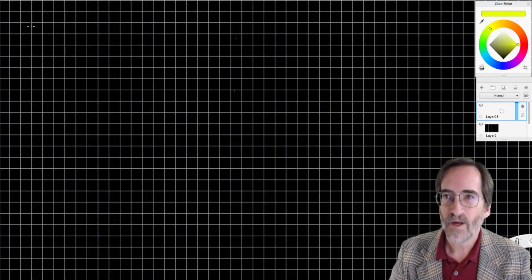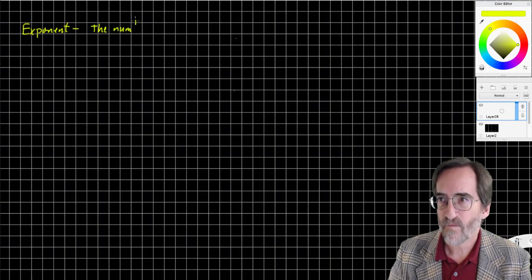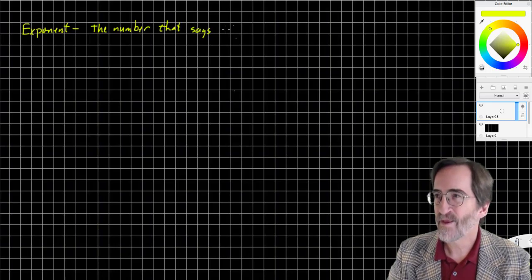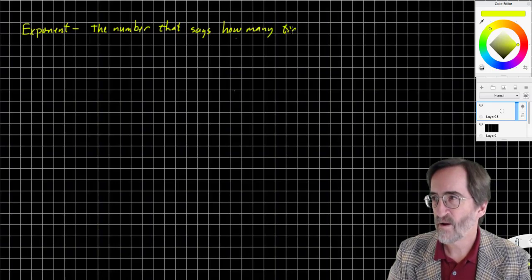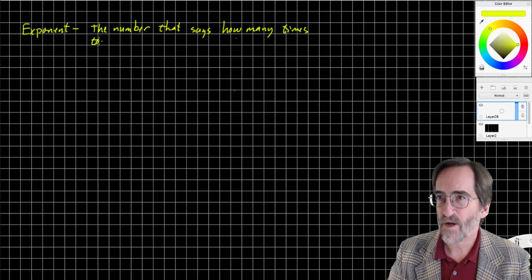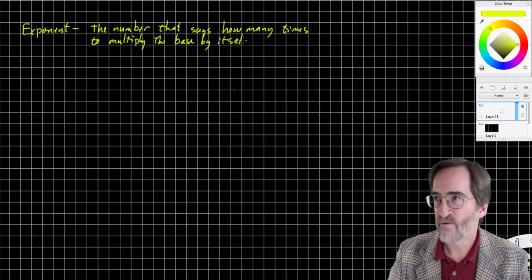The first key word is exponent. An exponent is the number that says how many times to multiply the base by itself.